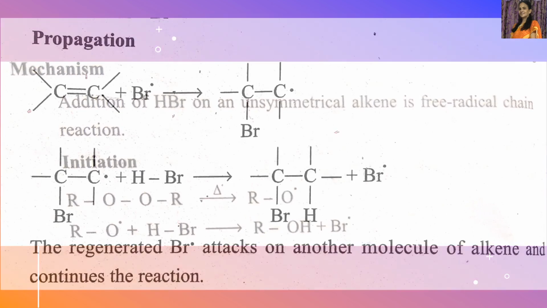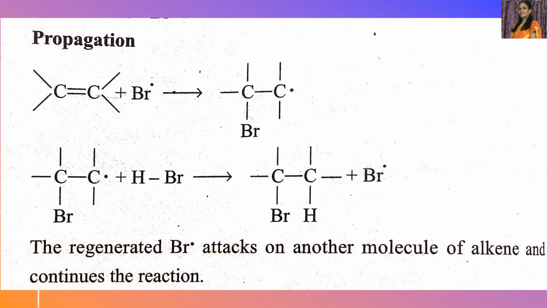Now let us see the chain propagation reaction. This bromine free radical propagates the chain. It forms a bond with one of the doubly bonded carbons with the help of the pi bonded electrons. A pi bond is present over here which has two electrons.